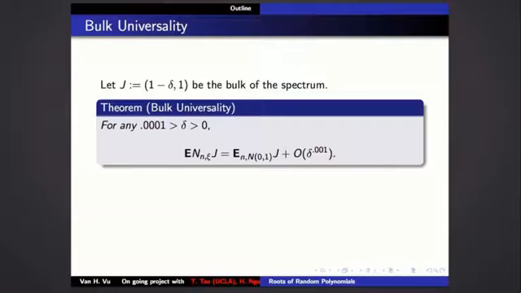Okay, so the real part of the proof is we look at the bulk of the spectrum, and what we prove there is a universality result, namely that the expectation of the number of real roots doesn't really depend on the choice of the atom variable. So if you replace this C, say from plus minus 1 to Gaussian, then we lose only a small error which goes to 0 with delta.